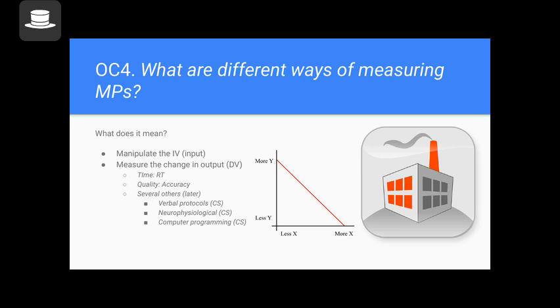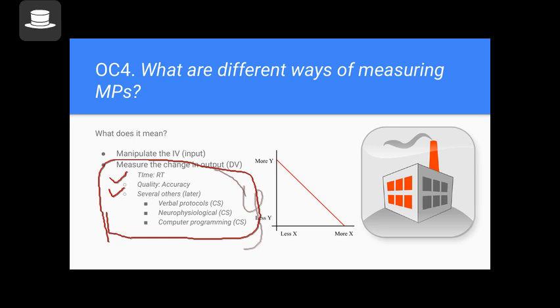So these are different ways of measuring mental processes. We don't need to know specifics of these things. I just wanted to give you an idea that it's not just reaction time and accuracy, which were primarily the only two with the strict information processing approach. With the cognitive science approach, we have multiple ways of measuring mental processes.